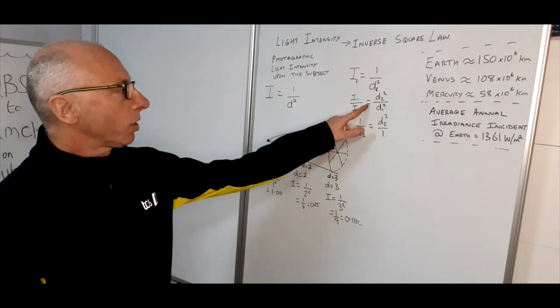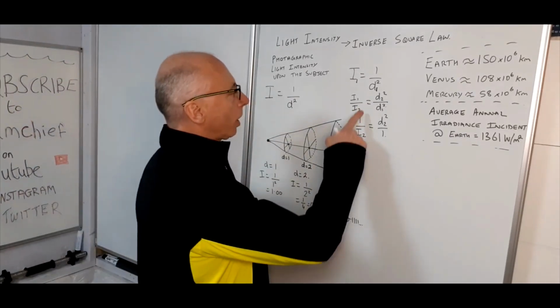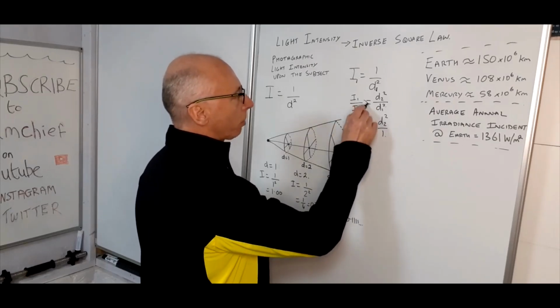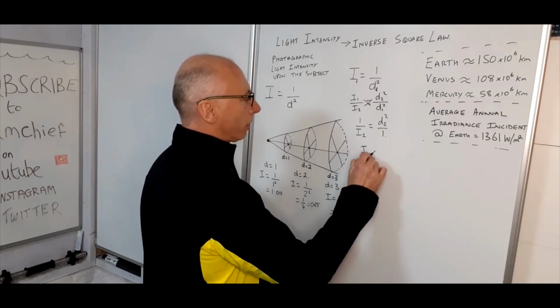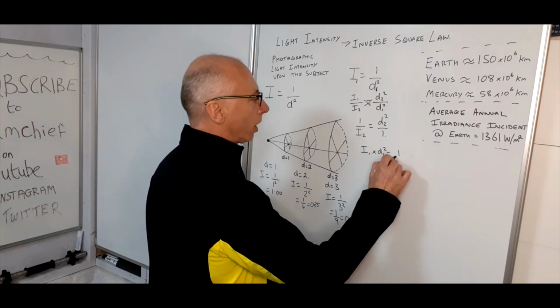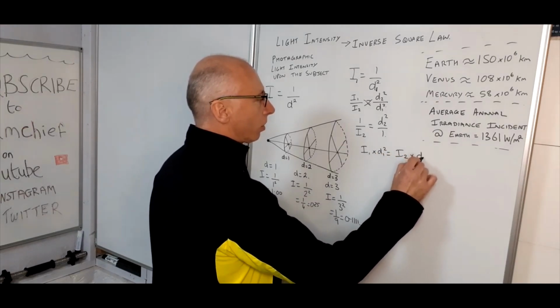Then that will give us our ratio between the two. Now if we know I1 over I2 is that, then by cross multiplying, we can say that I1 times D1 squared is equal to I2 times D2 squared.